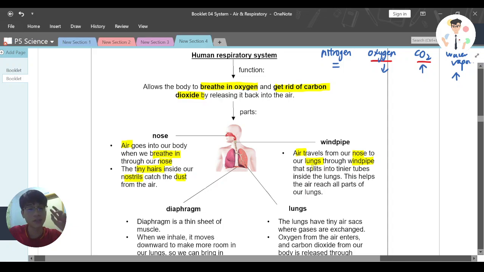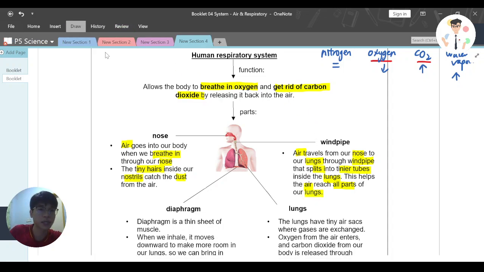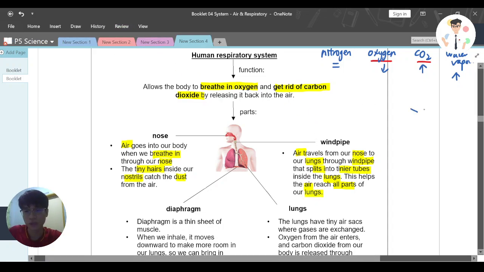It is very important to know that this windpipe later on will split into tinier tubes inside the lung. And why does it split? Because it helps the air to reach all parts of our lung. Let me just quickly draw a simple diagram for you.